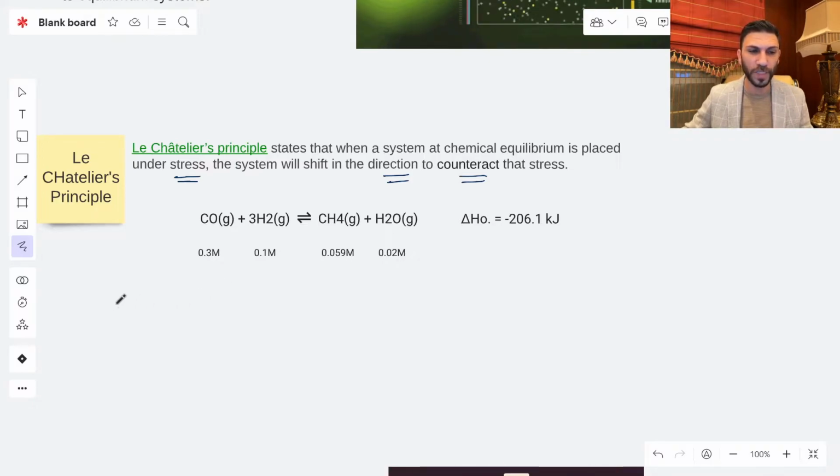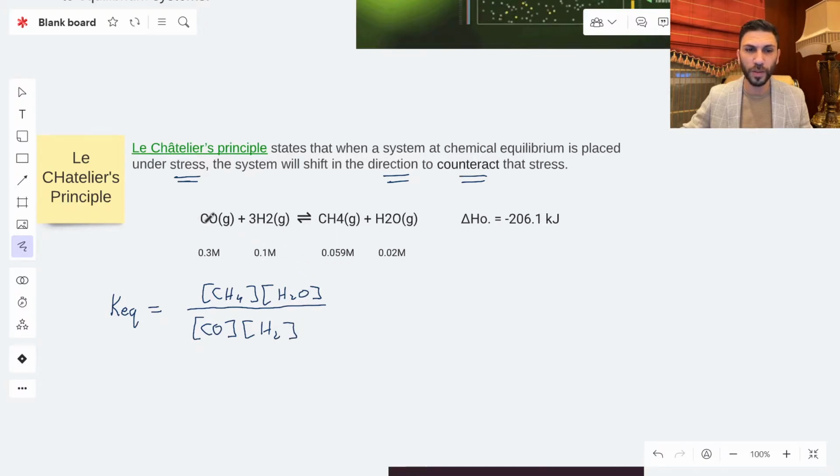If you want to calculate the Keq constant, we need to write the equilibrium constant expression for this reaction, which equals the concentration of the products, CH4 and H2O, each to the power of its coefficient, here 1 and 1, divided by the concentrations of the reactants, CO multiplied by H2, each to the power of its coefficient.